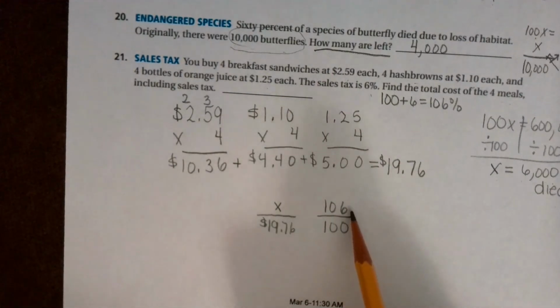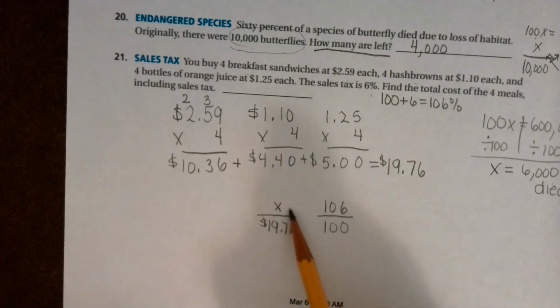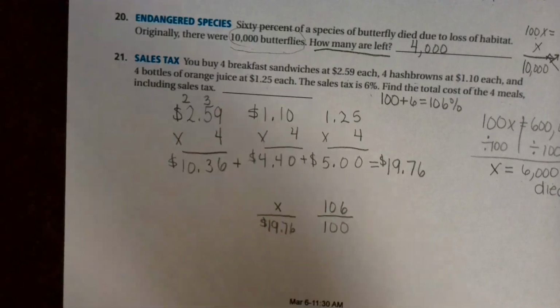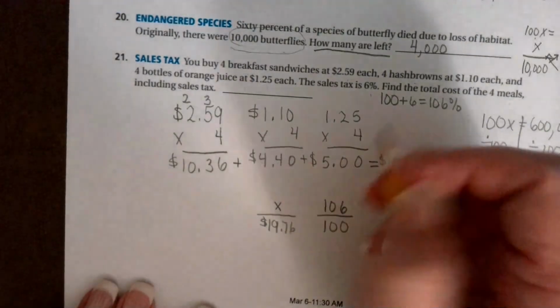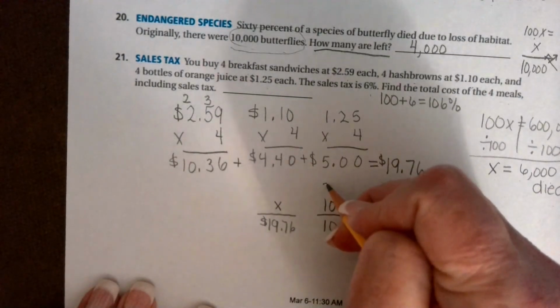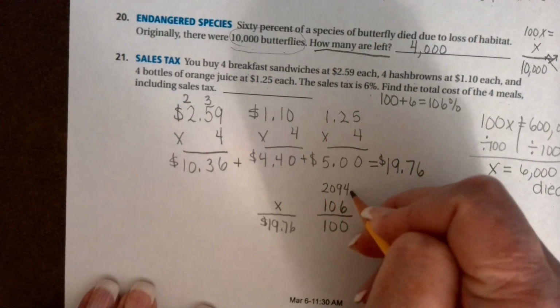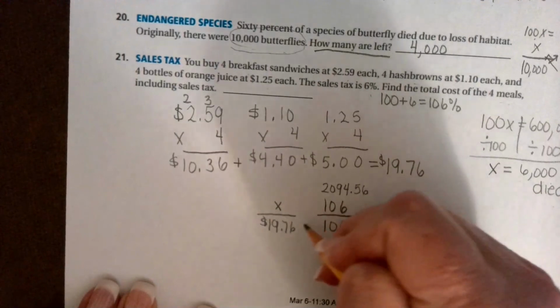And since the 106% is higher than 100, I know that my meal with the tax is going to be above $19.76. When I cross multiply, I end up with 2,094.56.